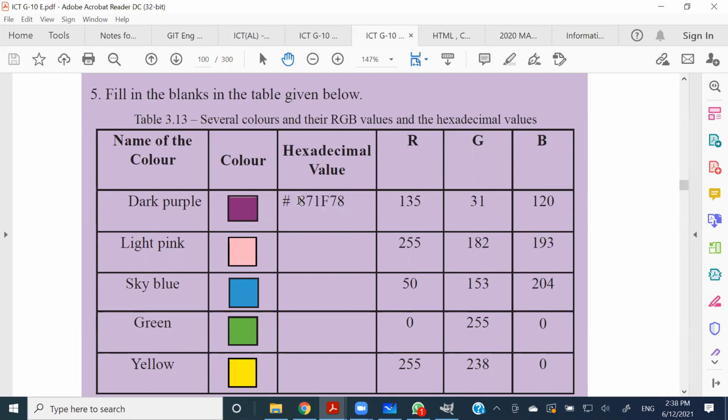So again, this hexadecimal value is representing a color: the first two numbers are for red, the next two numbers are for green, and the next two numbers are for blue, right? That is how it represents a color inside a computer.